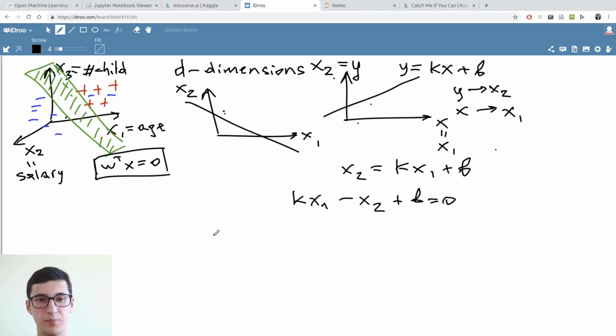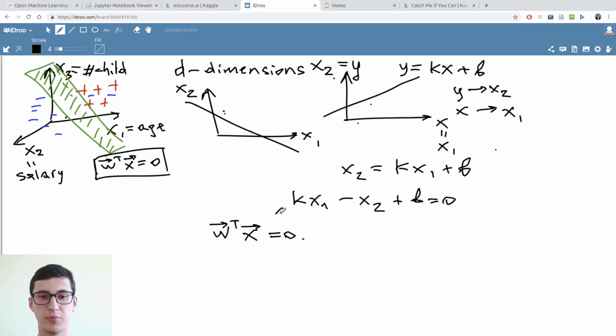And you see it's pretty much the same as W transposed x equals 0. Okay, so for now I'll put arrows here to describe that these are vectors, but further I'll be omitting these. So these are vectors actually.